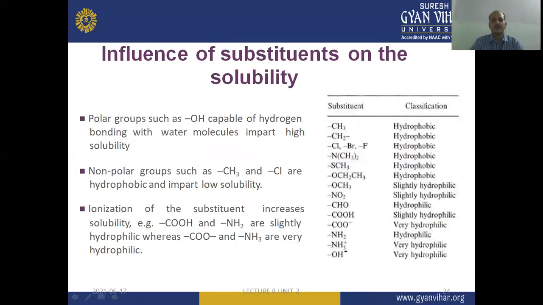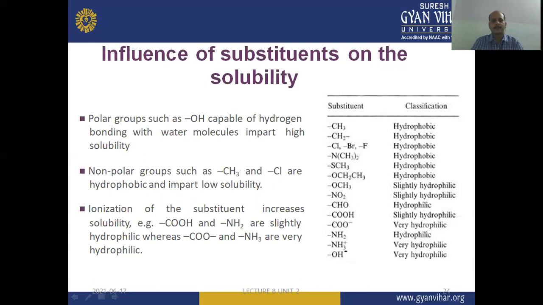You can see the examples here where polar groups such as the OH group, capable of hydrogen bonding with water molecules, impart high solubility. So the OH group, the hydroxyl group, which is capable of hydrogen bond formation with water molecules, imparts high solubility and is polar in nature. When we take another example of the CH3 group and Cl group, you can find that the non-polar groups like CH3 and Cl are hydrophobic in nature and impart comparatively low solubility.